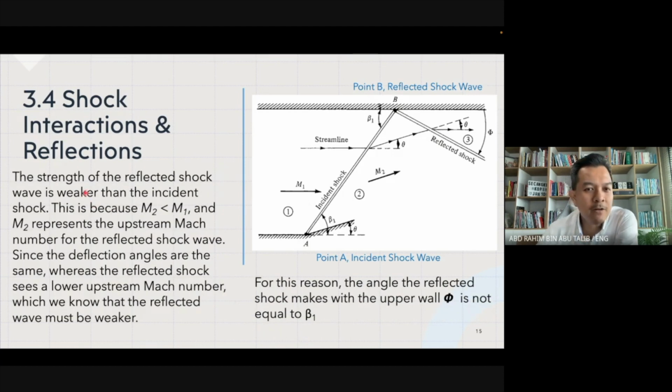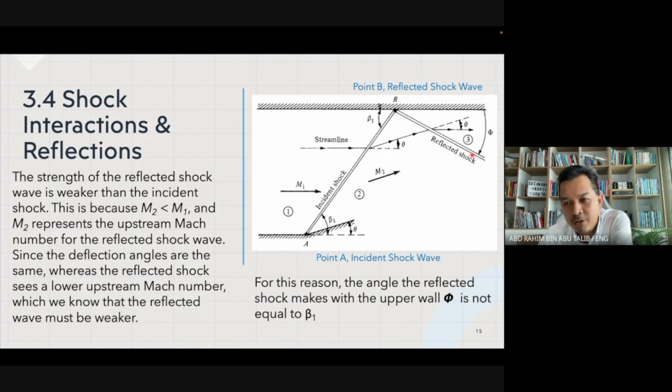The strength of the reflected shock wave is weaker, of course. If you imagine a ball traveling, its kinetic energy when it hits the other wall will be lesser. Similarly with the flow. So the reflected shock wave is weaker than the incident shock.